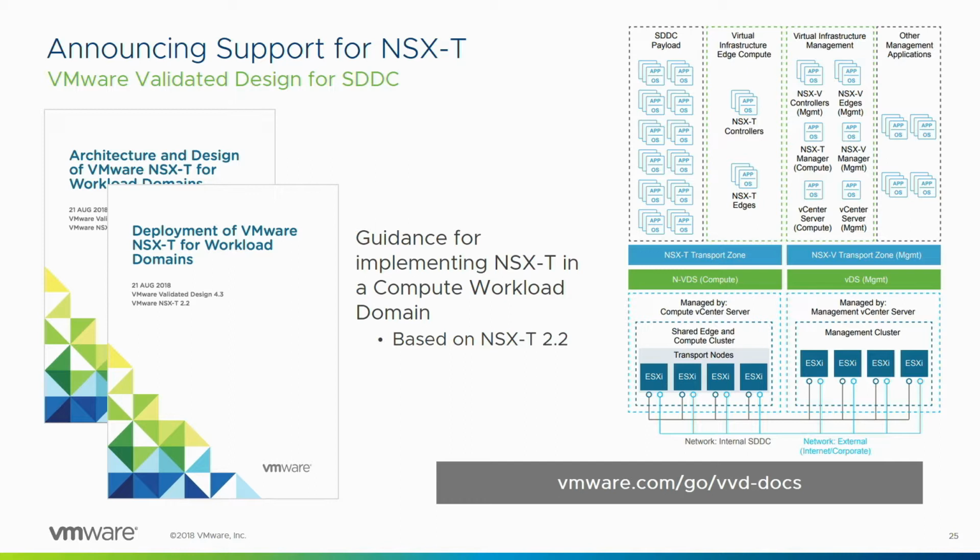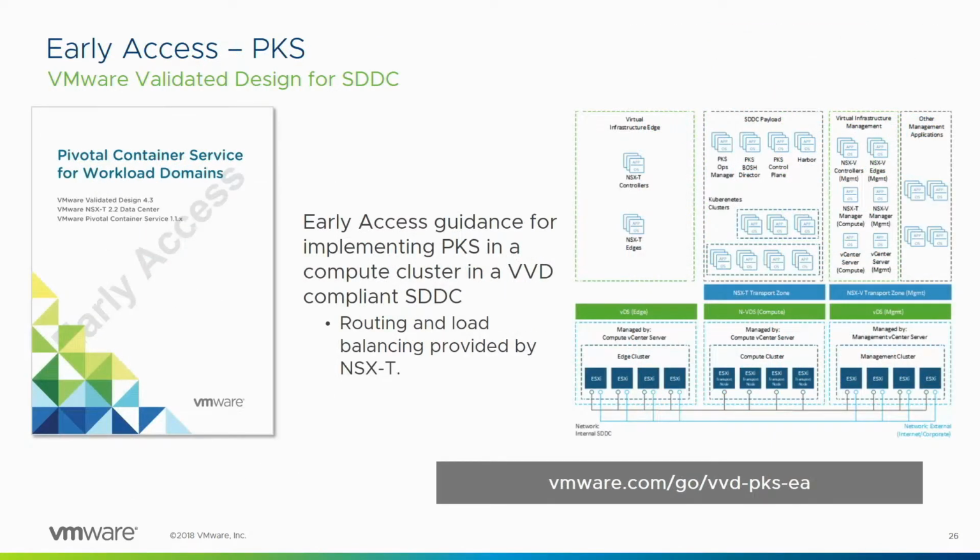It comes with an architecture and design and also a deployment guide. So it is a fully featured thing. But this is one of the new style of documents that we're coming through with to provide an addition to your VVD as an optional thing. You don't have to do this, but if you want to run NSX-T, then here's a really great way of doing it.